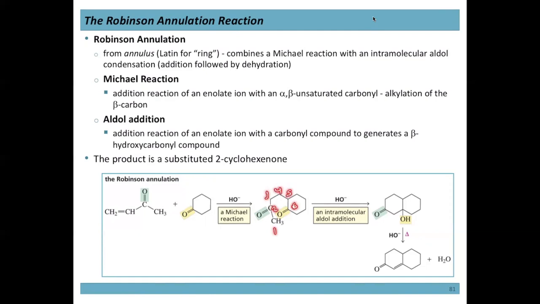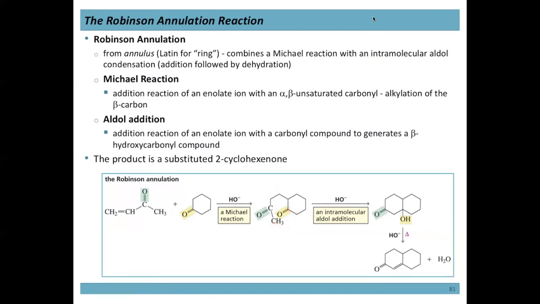So a connection from one alpha carbon to that carbonyl is 6. It's a 1,5 dicarbonyl, which you always get from a Michael reaction. But in this case, when I get this Michael reaction, I actually have some alpha protons out here that if I use as my nucleophile can close up there and give me a 6-membered ring.